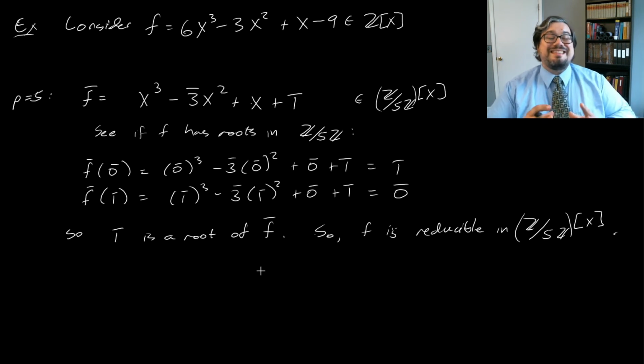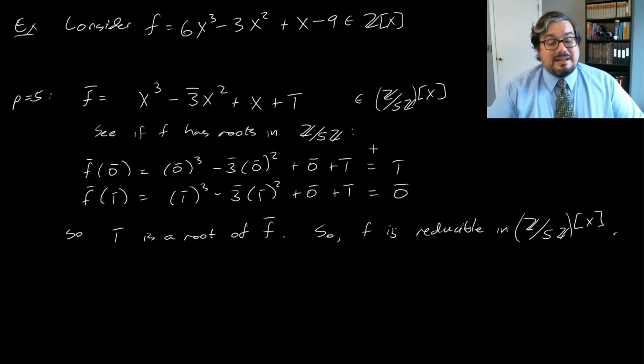However, unfortunately, this doesn't tell us anything. The implications of Theorem 147 go a specific way. We need to know that the polynomial is irreducible after reducing to S adjoin x.